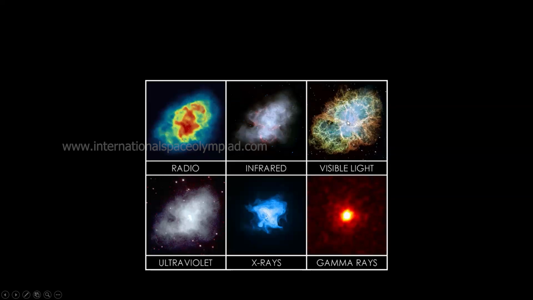So actually, this is a supernova remnant. That means at the center there will be a neutron star or maybe a black hole, which is emitting high energy. And in gamma ray, you cannot see any other things here. You can actually see the gamma rays.